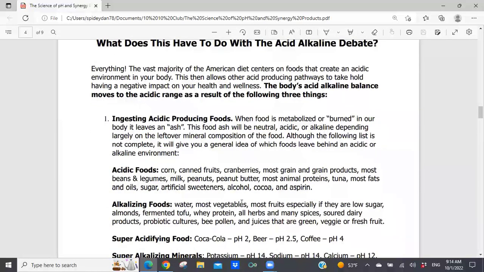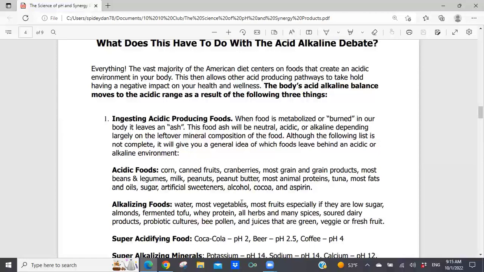Now, here are 3 things that help to create this acidic environment. Ingesting acid-producing foods. I'll give you a list of them. When foods are metabolized or burned in our body, it leaves an ash. And that food ash, like I've talked about, is either going to be neutral, acidic, or alkaline, depending upon the leftover mineral composition of the food.